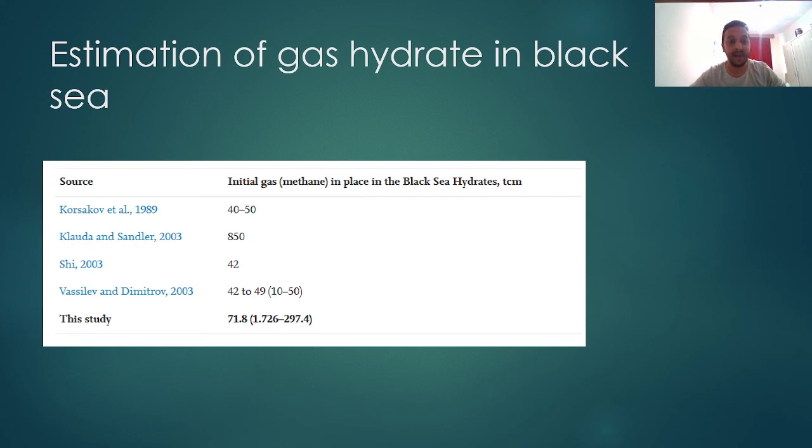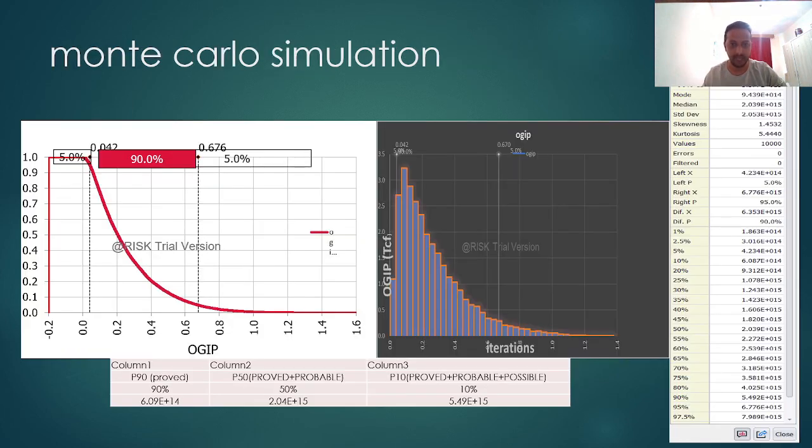And the study by Mary Ann Schaller in 2016 said that it is 71.8, as I calculated before. Here I did a Monte Carlo simulation. I have done this by myself according to the data that I got from Mary and Schaller's research.